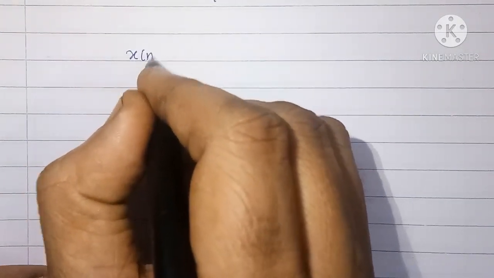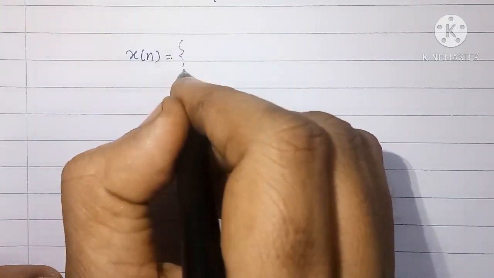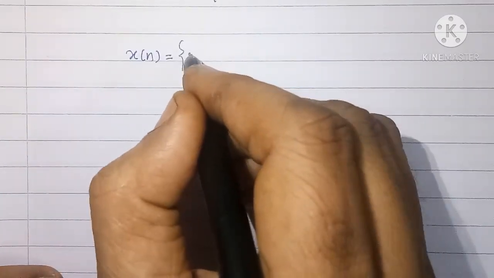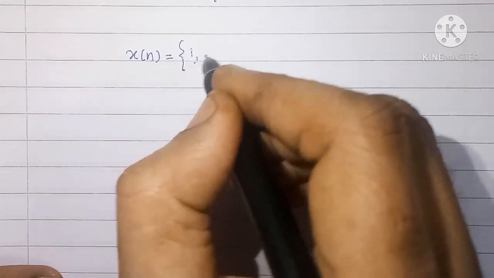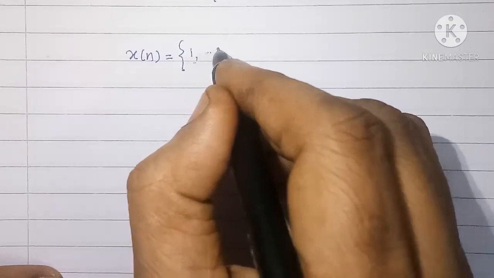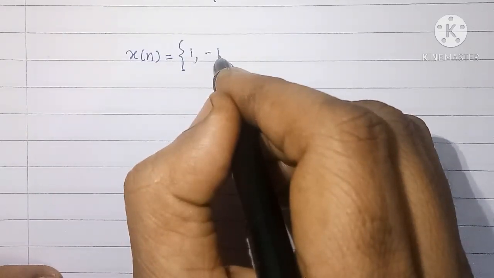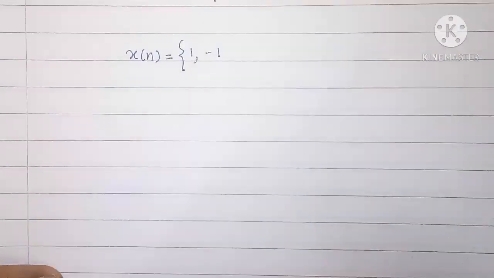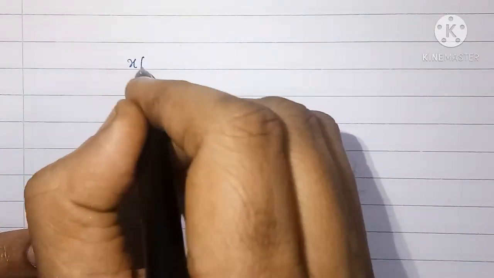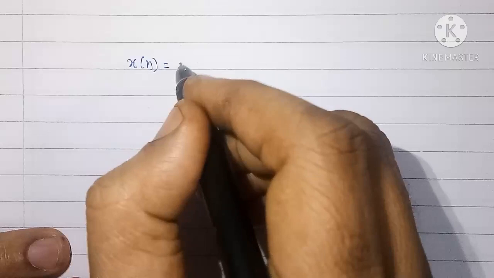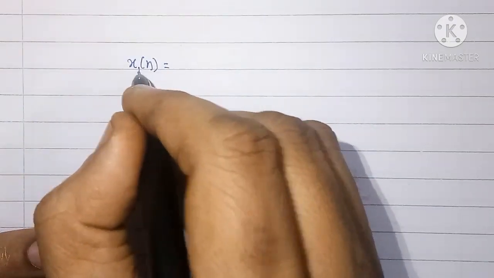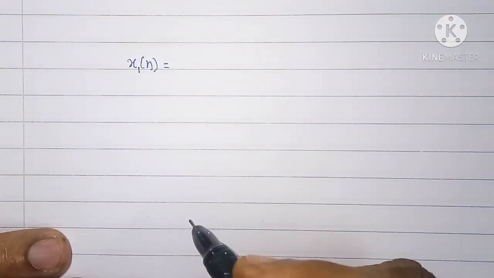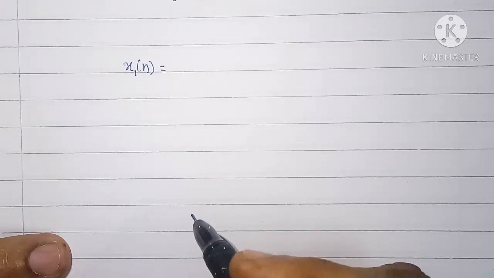So x of n here is actually x1 of n, because we have considered x1 of k.